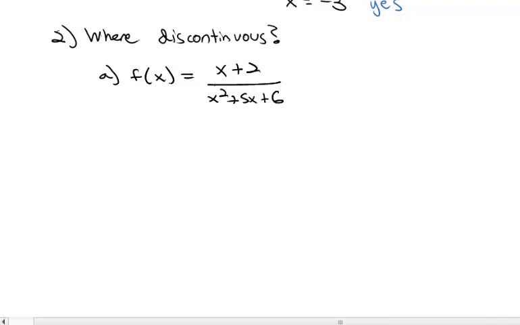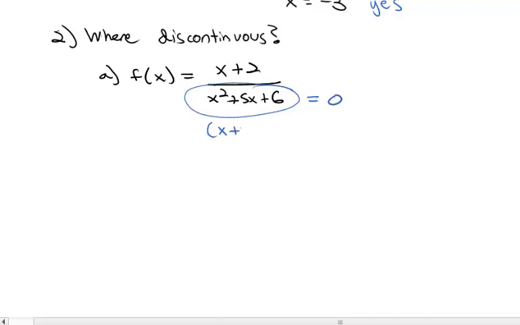The rule for continuity is that it has to be defined at the values. Well, what makes a fraction discontinuous or undefined? When the denominator equals 0.